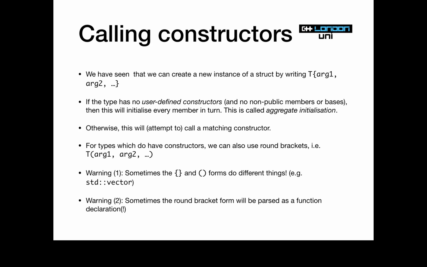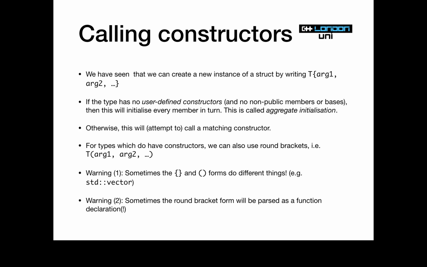So in most cases, the compiler has enough information to know whether you want to call a constructor or declare a function. There are some odd corner cases where it doesn't. And that can lead to some very strange error messages, but hopefully most compilers these days are smart enough.